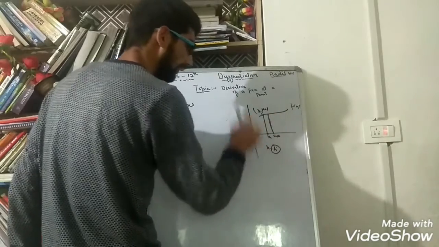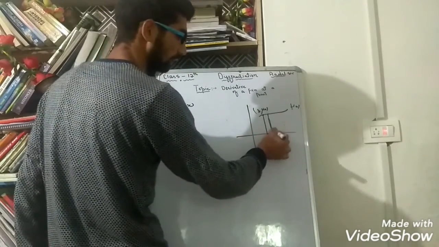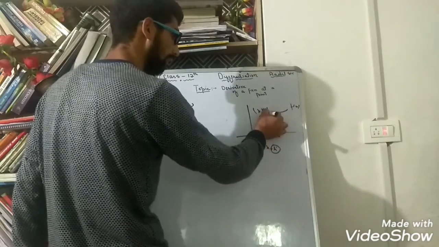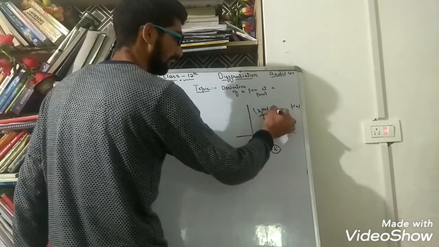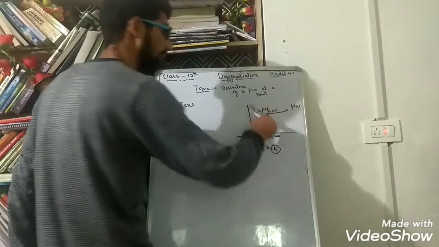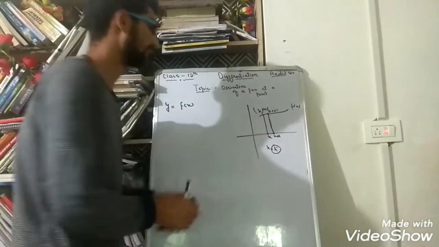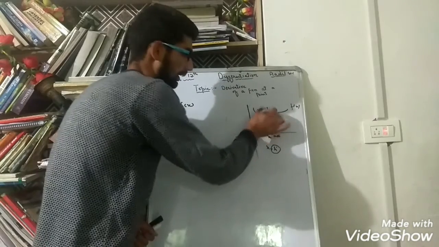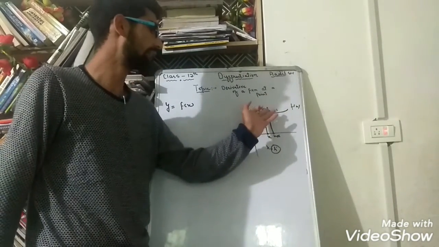Now, when we give x the increment h, the point comes here, and the value of the function also changes, it also gets incremented.